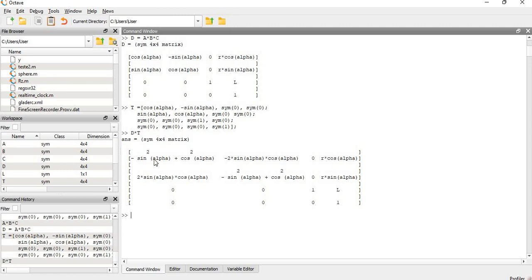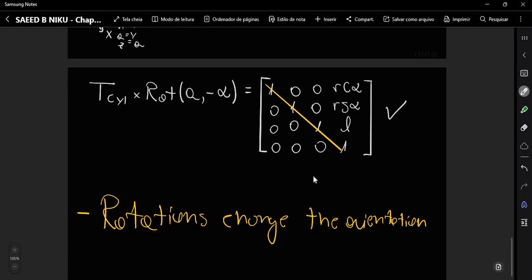And what we get right here, this 2 is square, so is minus sine square of alpha plus cosine square of alpha. What we can see right here is if we change the position, cosine square of alpha minus sine square of alpha, we get the trigonometrical identity, which is equal to 1. But we are not getting 2 square something.